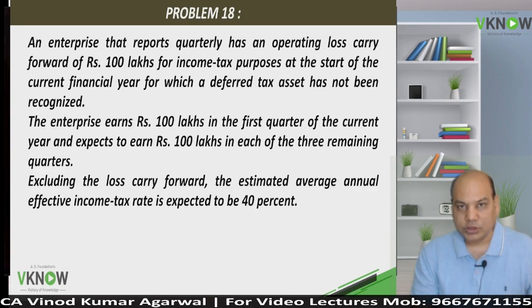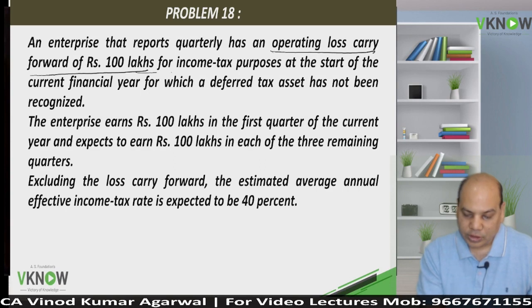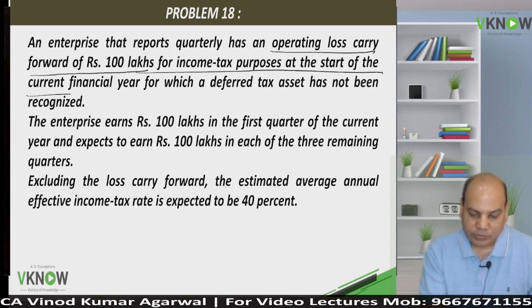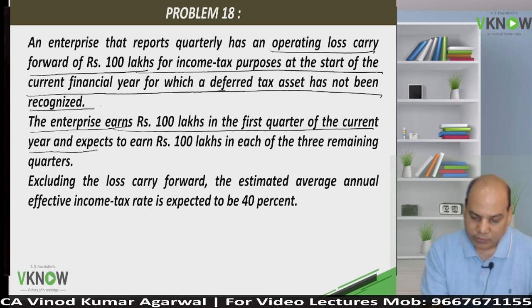Now we'll go to question number 18. An enterprise reports quarterly has an operating loss carry forward of 100 lakh for income tax purpose at the start of the current financial year, for which a deferred tax has not been recognized. The enterprise earns rupees 100 lakh in first quarter of the current year and expects to earn 100 lakh in each of the remaining 3 quarters.